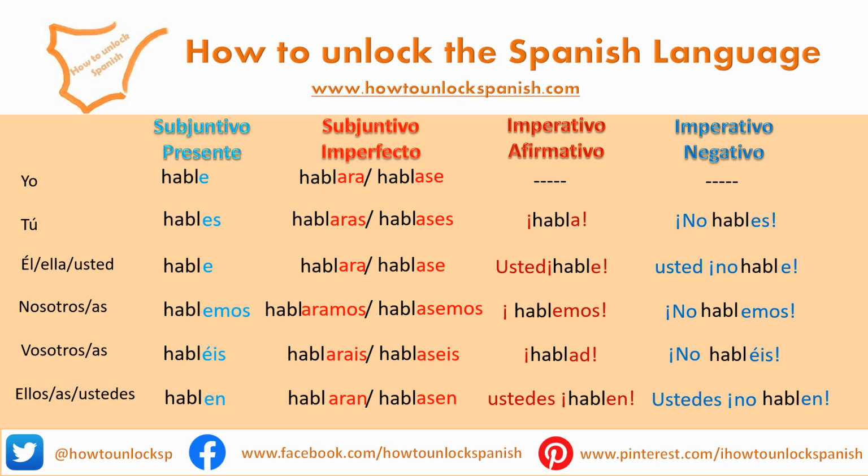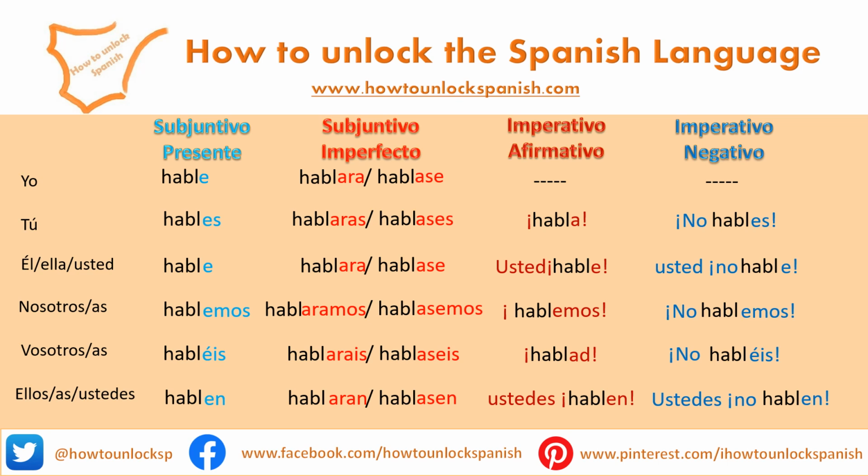So most of the forms of the imperativo are going to be the subjunctive because we use the subjunctive to also give orders, to say, I want you to do this, or I want you to do that. So we are going to use the subjunctive for the imperativo afirmativo when we tell someone to do something, and to tell someone not to do something, the negatives.